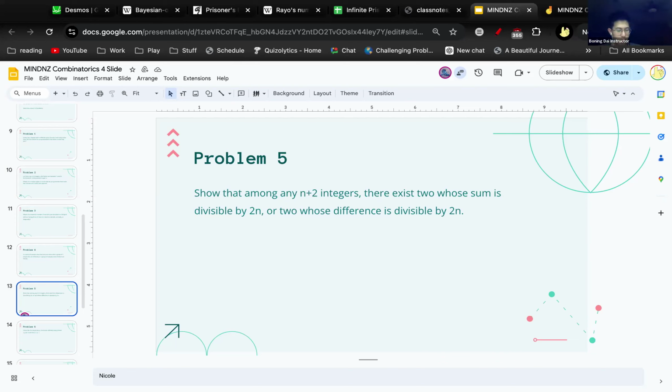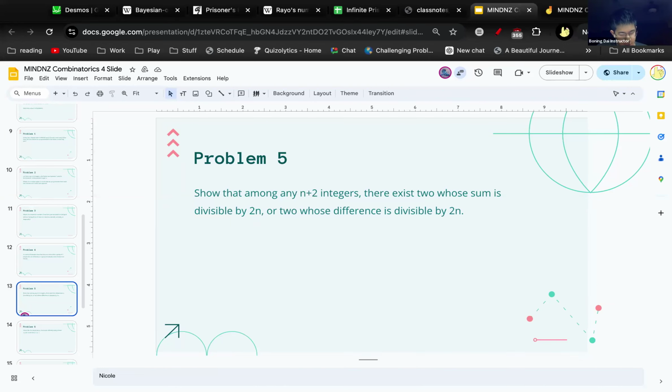What we're going to do is set up pigeonholes such that, firstly, if a number mod 2n gets repeated twice, like let's say we have 2 numbers which are both 3 mod 2n, then their difference is going to be divisible by 2n.